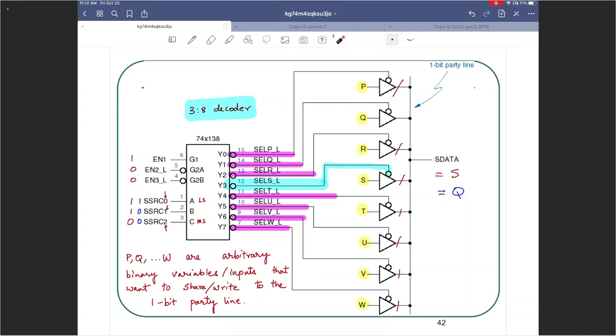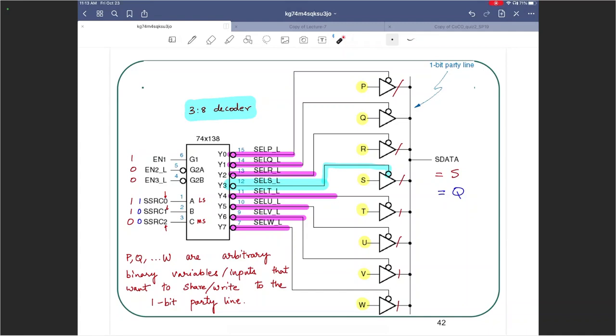These are all binary signals that can take a value of low or high. In this case, P through W are all inputs. S data is an output. Yes, the variables are binary signals that can take a value of 0 or 1. Some of them are input, some of them are output. Thank you, Tyler.